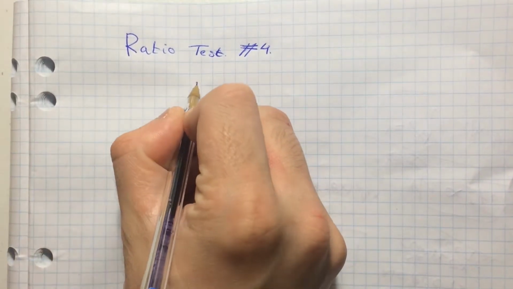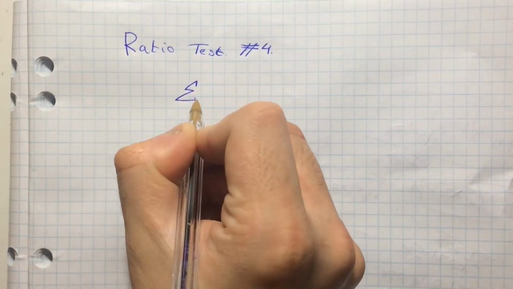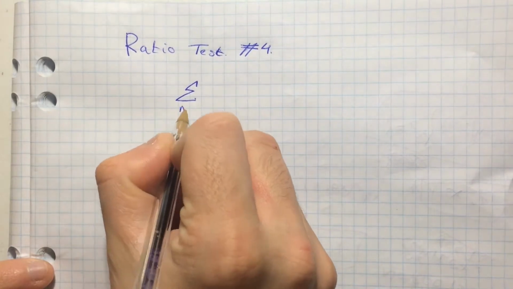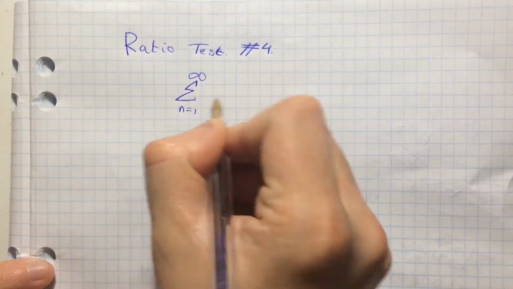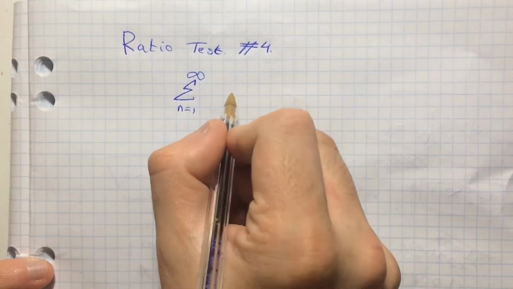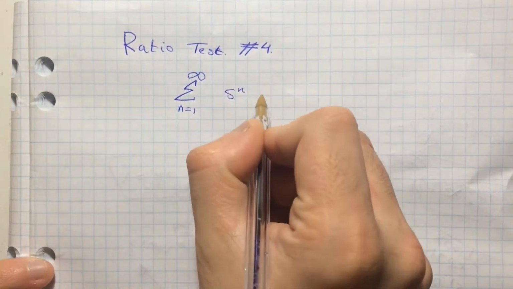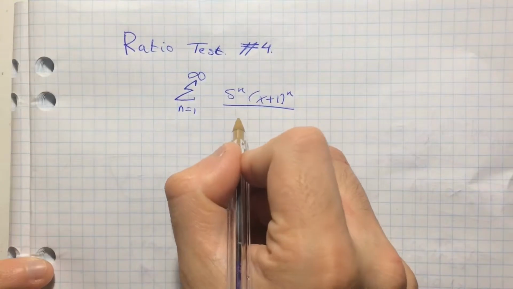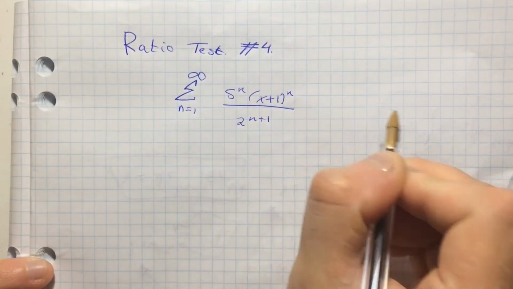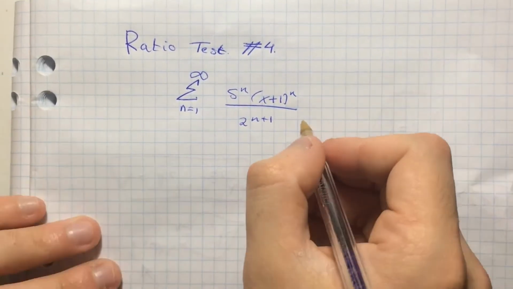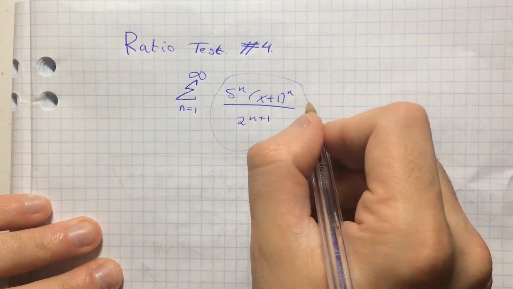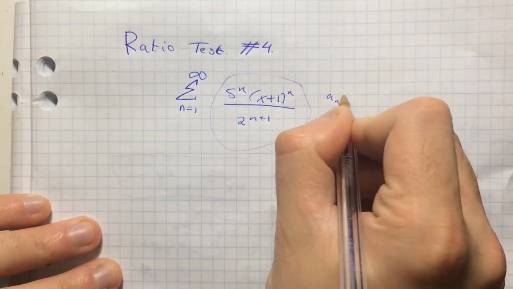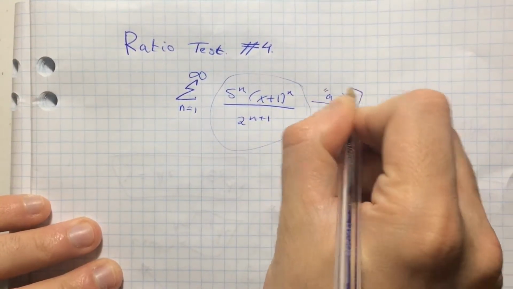So, it's the summation from n equals 1 to infinity, but nobody really cares about this, of 5 to the n, (x plus 1) to the n, all over 2 to the n plus 1. So this whole thing here is a sub n, if you don't remember.